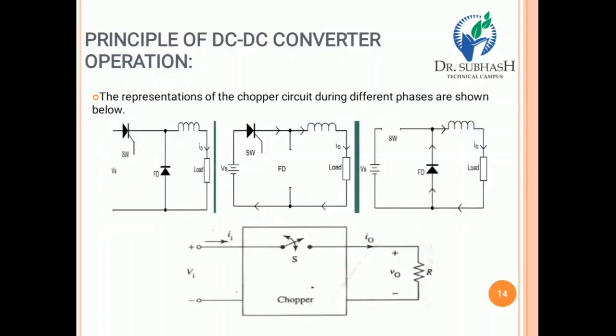So, considering the different principles, here is the representation of the DC chopper circuit during the different phases. Here we have to consider the freewheeling diode, the second one is the switch, and we apply the supply voltage Vs. According to that condition, the switch can go into either a closed switch or an open switch.